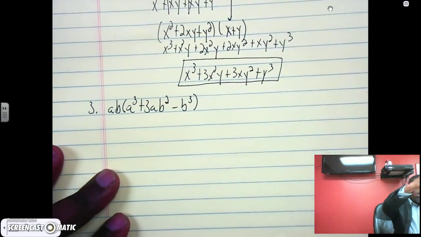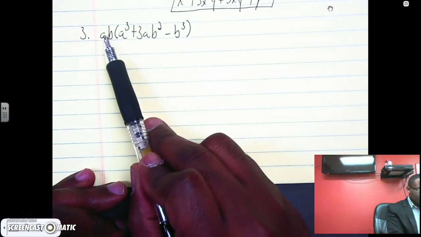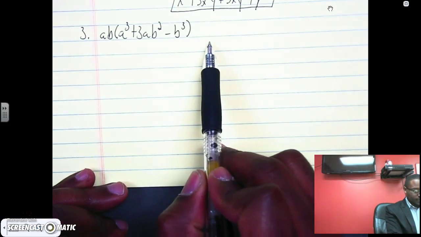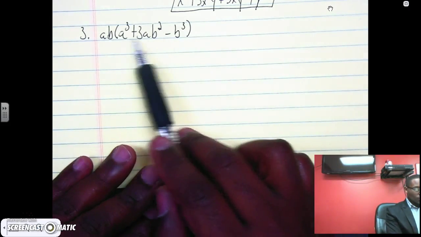Alright, this last one here is asking you to take AB, that's one thing since it's not separated by a plus or minus, times each one of these here. Keeping careful watch over your exponents.